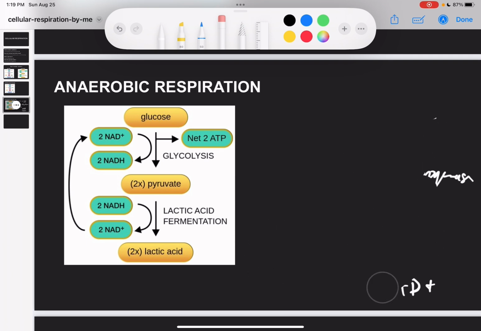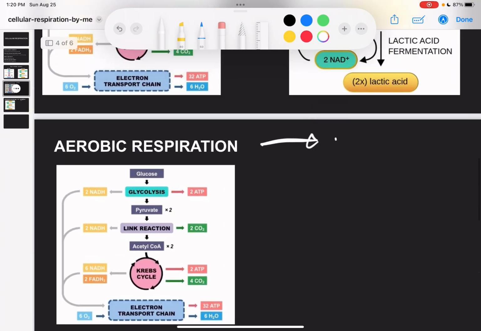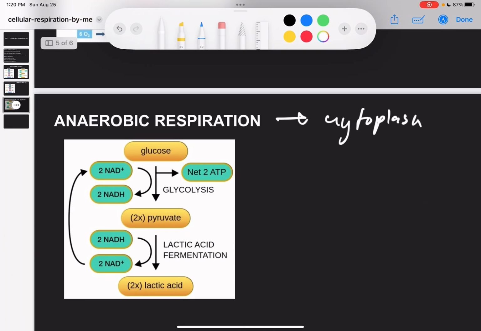Remember: anaerobic, cytoplasm. Aerobic, mitochondria. Now that we've discussed that anaerobic respiration happens in the cytoplasm, how much ATP is produced in anaerobic respiration? 2.